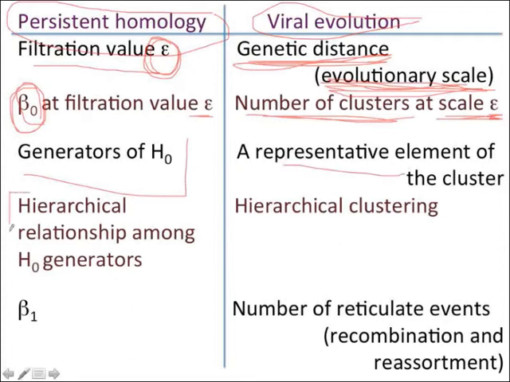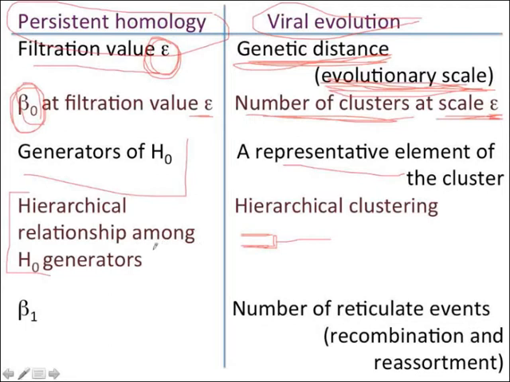We also talked about hierarchical relationships among our H0 generators, and that comes with our barcodes. We have two bars right here, and then one of them gets killed by merging with an edge to the other one, so we can do a hierarchical clustering.